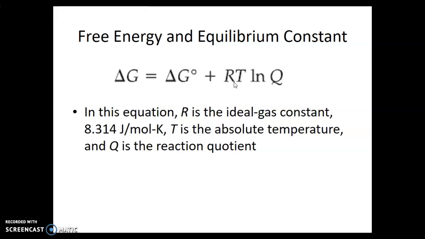You don't necessarily have to be dealing with gases for this equation to be used. That's really the beauty of this R gas law constant, that it can appear in situations where you're not using gases. Now note that T is the absolute temperature, meaning a temperature in units of Kelvin.